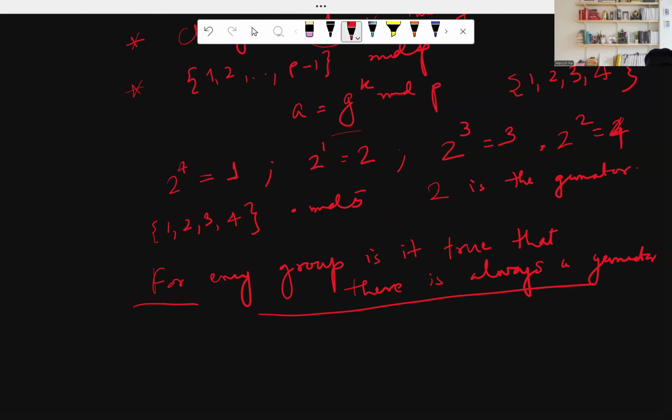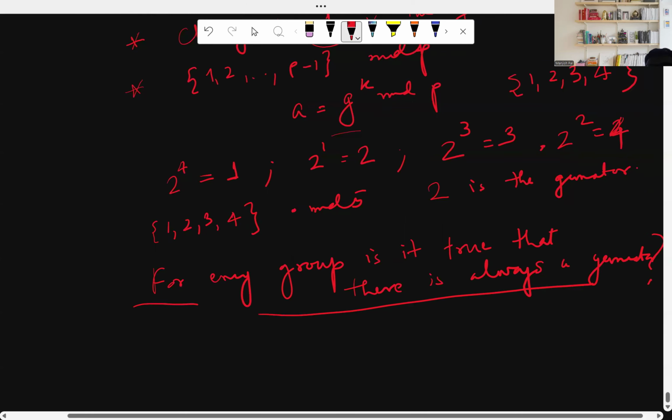So this is the question that we need to answer. For these two groups, obviously we could find a generator, but in general, is it true that every group has this property that it can be generated by one single element? So the answer to this question is no.